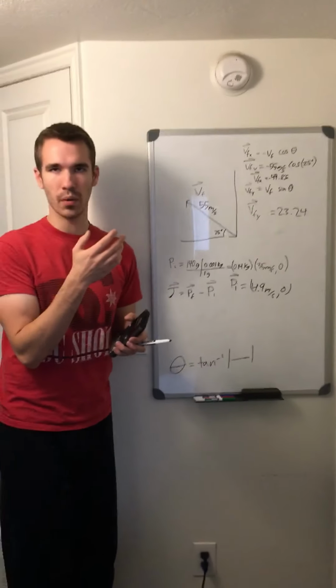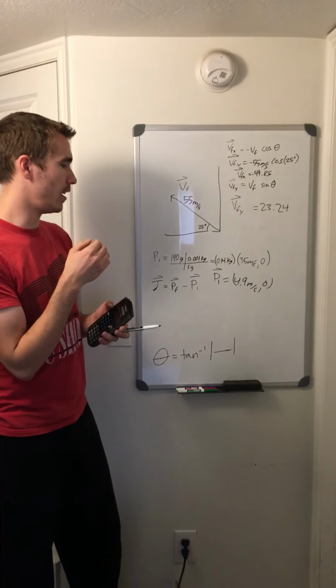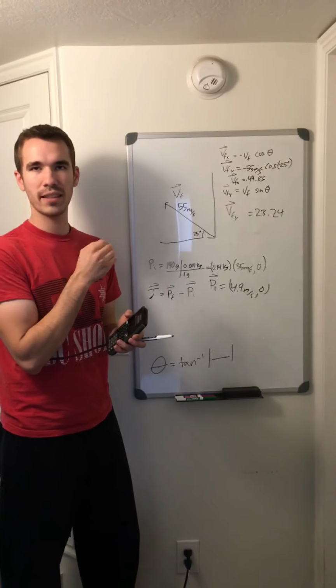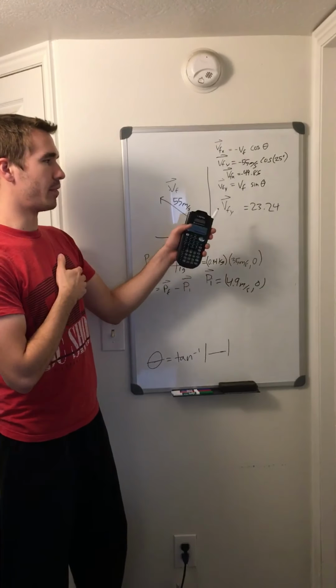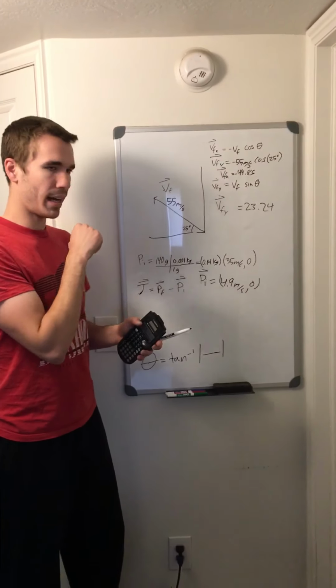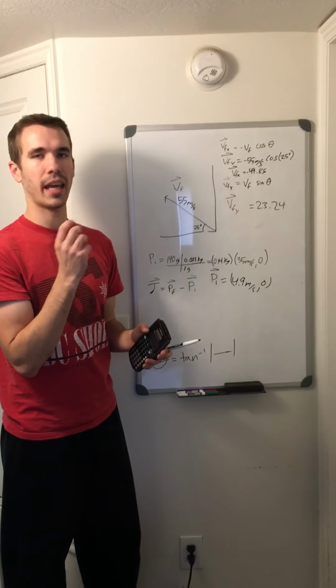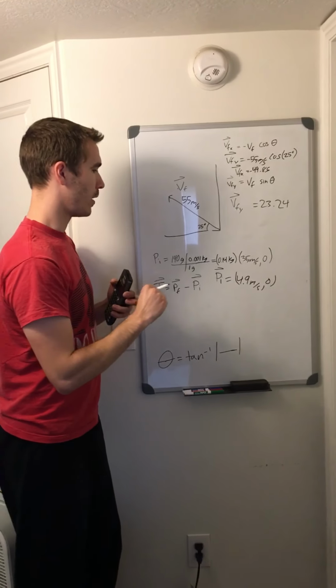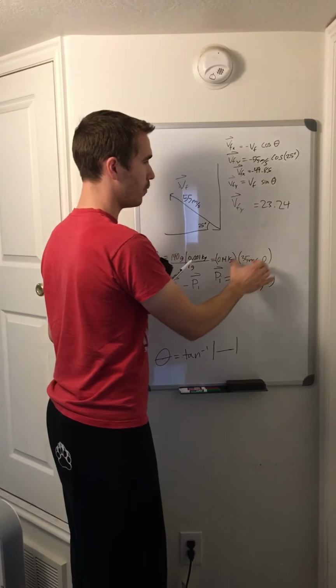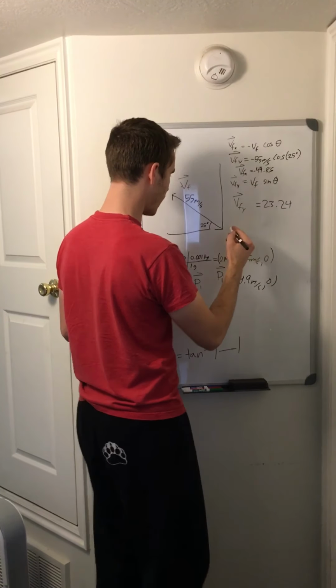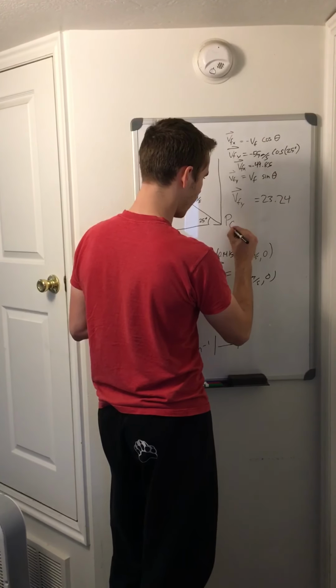And now at this point, we have the x and y component of our final velocity for the final momentum, but we need to times those values by the mass of the ball in order to get the momentum. So what we have to do is basically the same thing down here, but to our x and y. So we get something that looks about like this.